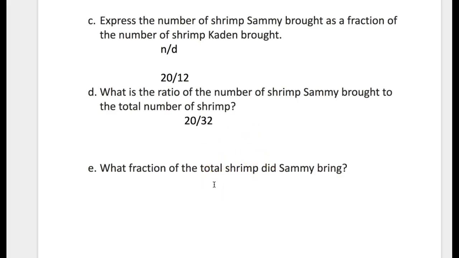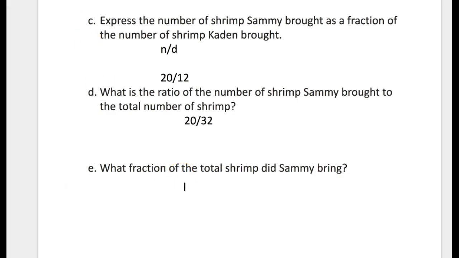Looking again, what fraction of the total shrimp did Sammy bring? So now we've got the total shrimp comes first, and then Sammy comes second. So that's just this number written opposite.